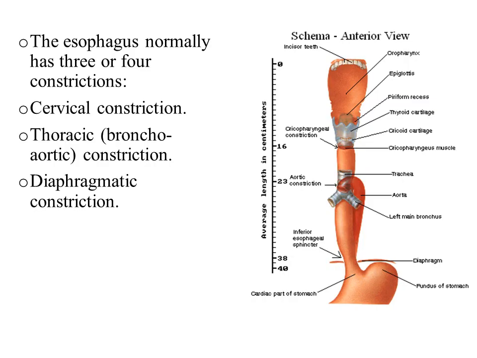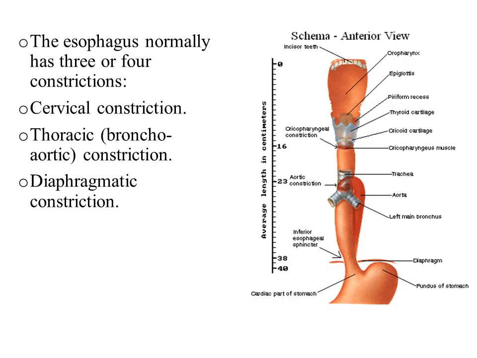The thoracic constrictor is where the esophagus is crossed by the bronchus and aorta. It is a compound constriction, first crossed by the arch of the aorta at 22.5 centimeters from the incisor teeth, and then crossed by the left main bronchus at 27.5 centimeters from the incisor teeth.